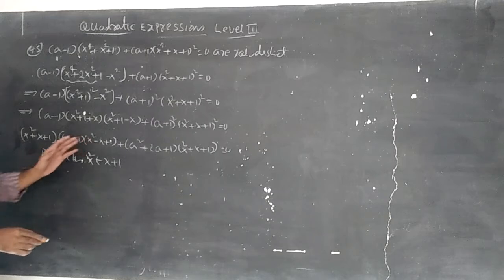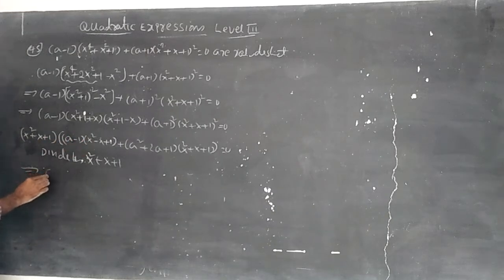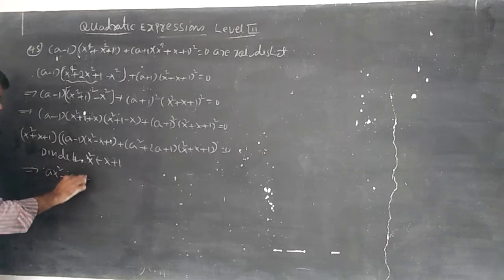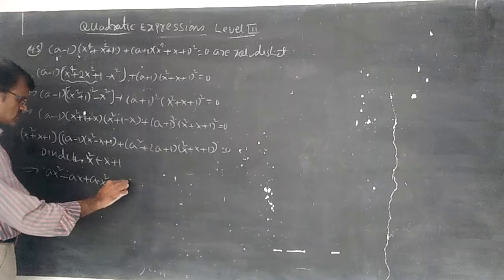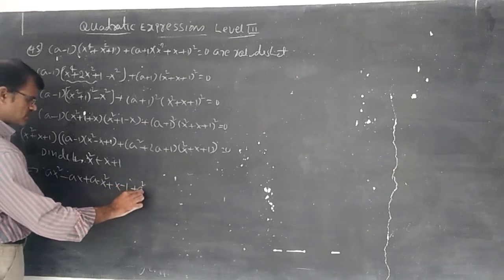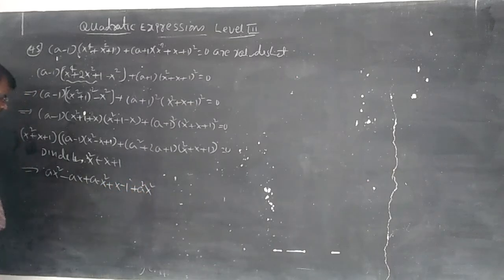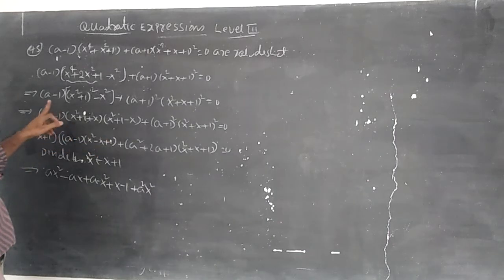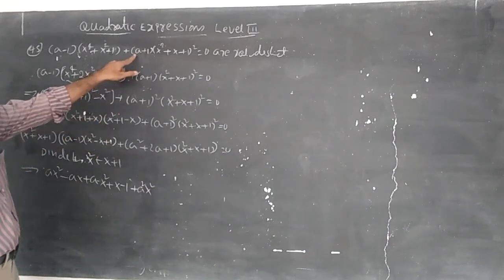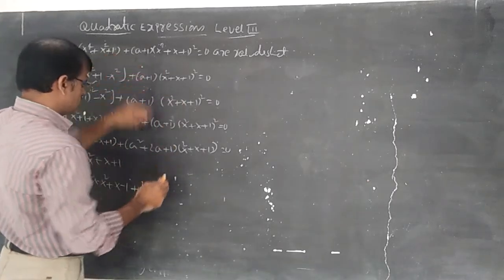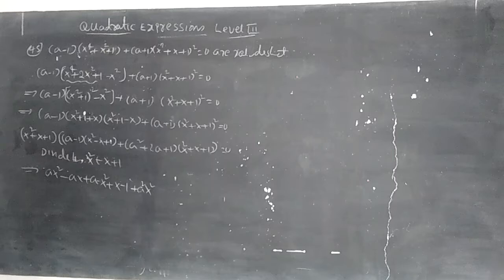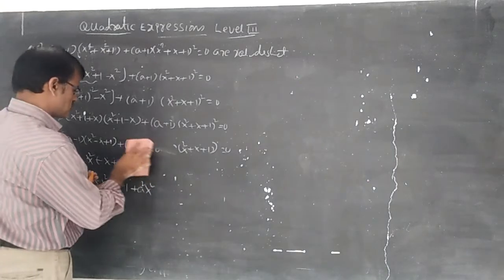Now we multiply properly: ax square minus ax plus a minus x square plus x minus 1 plus (a plus 1) into (x square plus x plus 1) equal to 0. Here, students, unnecessary square; it is a plus 1 only, not a plus 1 square.